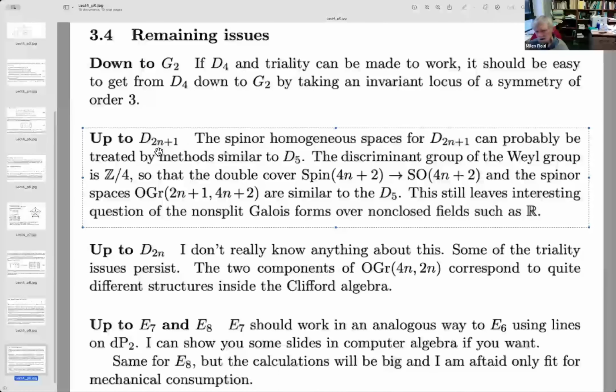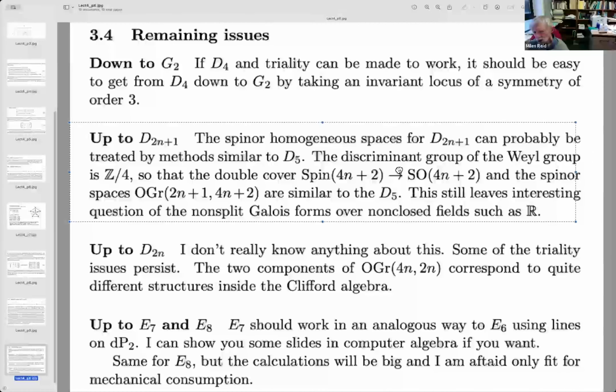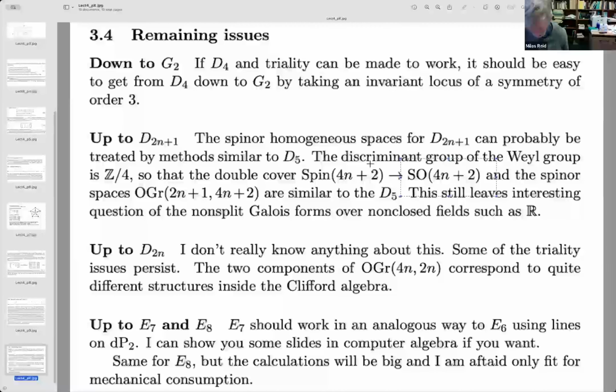D2n plus 1 corresponds to the group SO4n plus 2. You draw a matrix in square block form, with 4 blocks of 2n plus 1 by 2n plus 1, and you write exactly as I did before, 0, 1, 1, 0 in the 4 places.